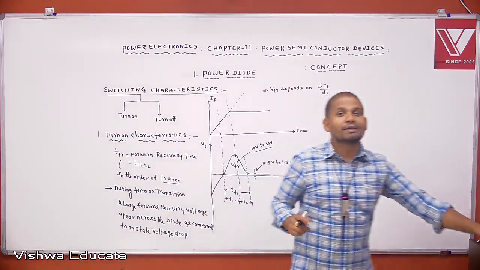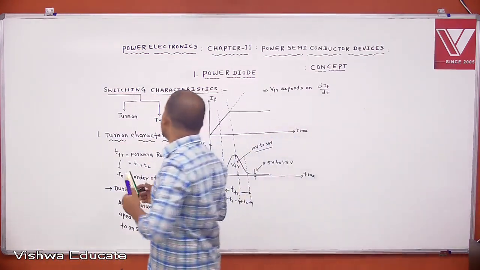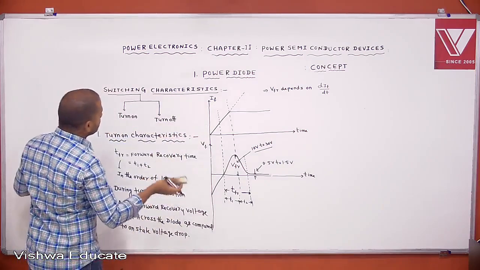Understood? Concentrate on turn-off characteristics. Here I want to draw the turn-off characteristics.